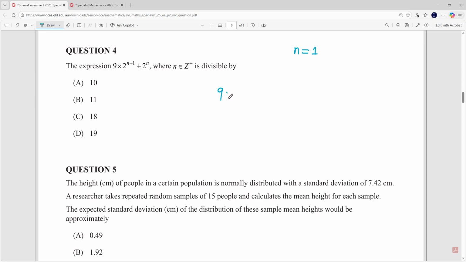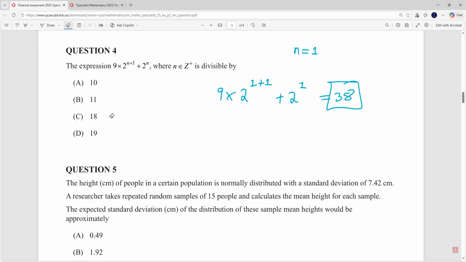So we have 9 times 2 to the power of 1 plus 1, plus 2 to the power of 1. Chuck that into your calculator. So you have 9 times 2 to the power of 2, plus 2. This gives you 38. So we're asking ourselves, do any of these numbers divide well into 38? And if not, we have to look at the next number, n equals 2.